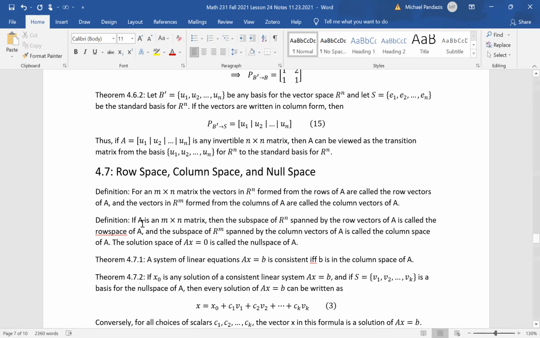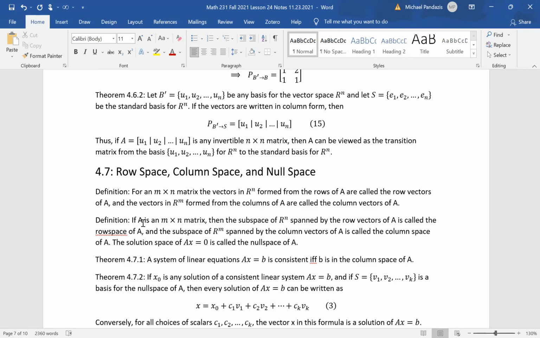Definition: if A is an m by n matrix, then the subspace of Rn spanned by the row vectors of A is called the row space of A. And the subspace of Rm spanned by the column vectors of A is called the column space of A. So you take all the rows of A and look at their span.